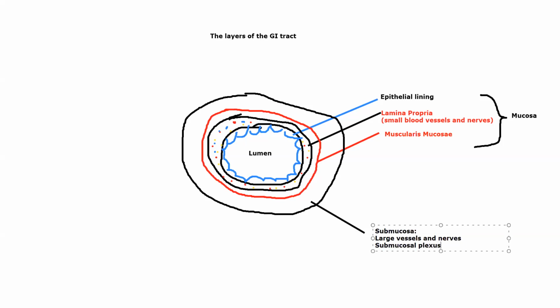And a plexus is nothing but a network of nerves. And this is where the autonomic nervous system innervates the GI system. This is the plexus that controls that, one of two plexuses that controls that. This one is called the submucosal plexus, and it's also known as the Meissner's plexus.